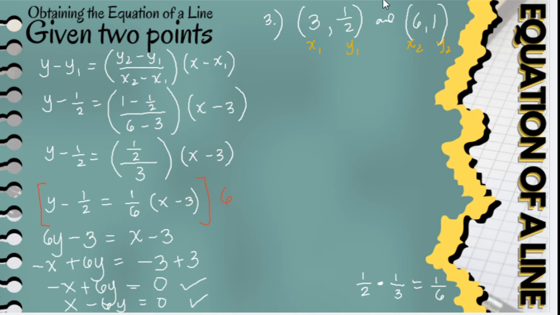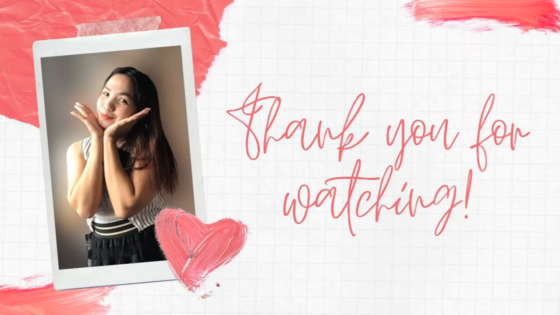And then we plugged in the given values into the formula and then simplify hanggang makuha natin yung equation that is written in standard form. Okay? So that's all for the third part. See you on the next part of our video tutorial.